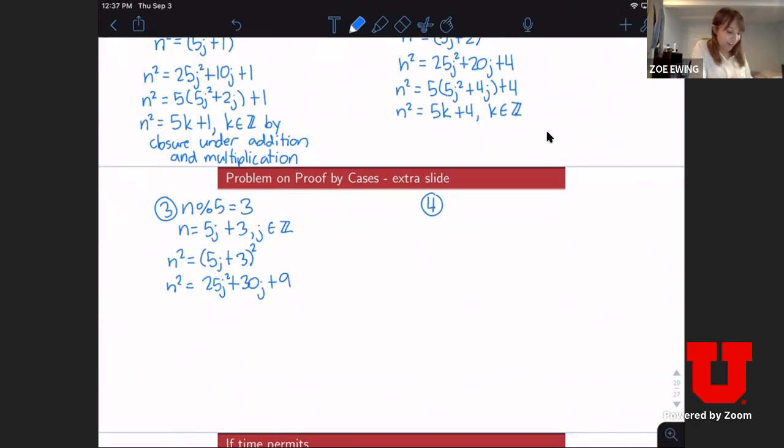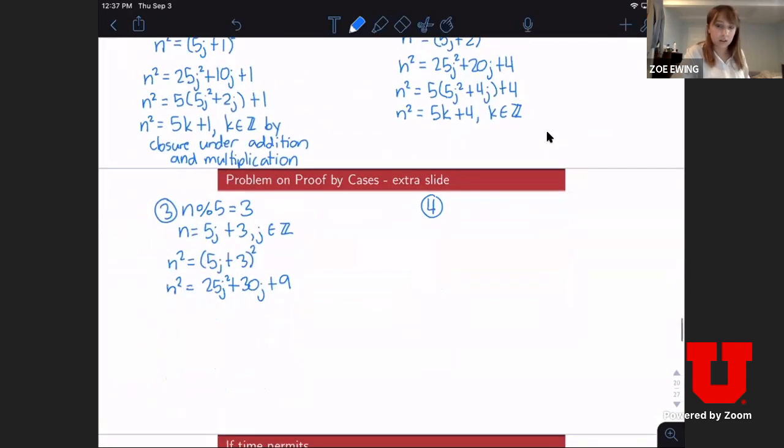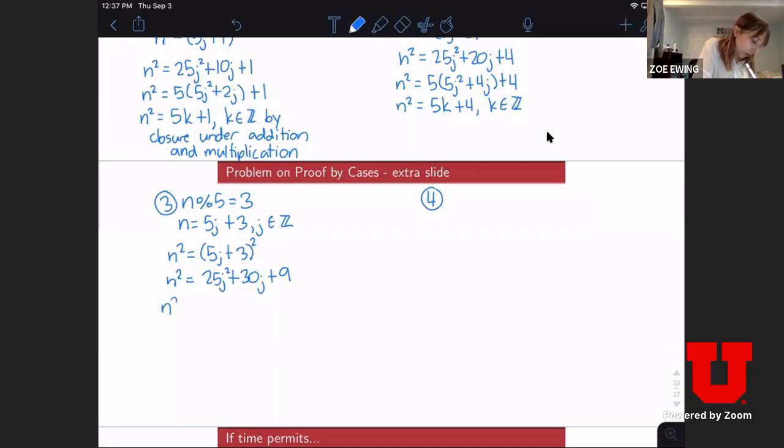Okay, yeah, that was right. So n squared is going to equal... Oh, okay. So this one we have to kind of split up.